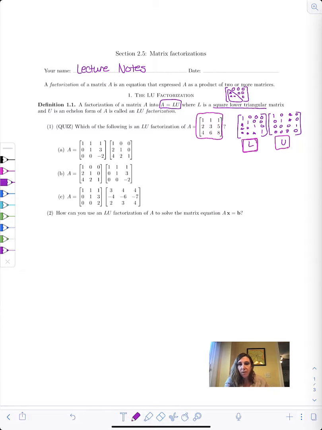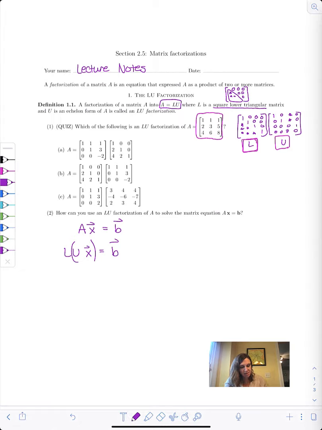Okay, now why is this useful? Well, if we have a matrix equation of the form AX equals B, and we know A is equal to LU, then we can group that UX.